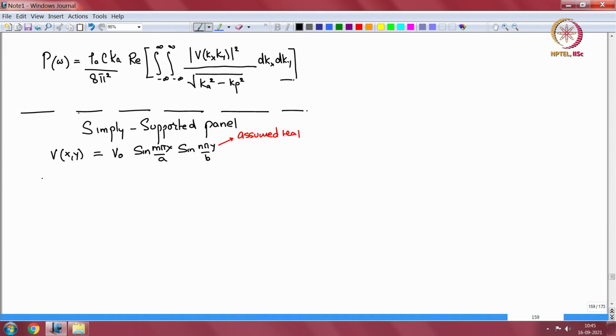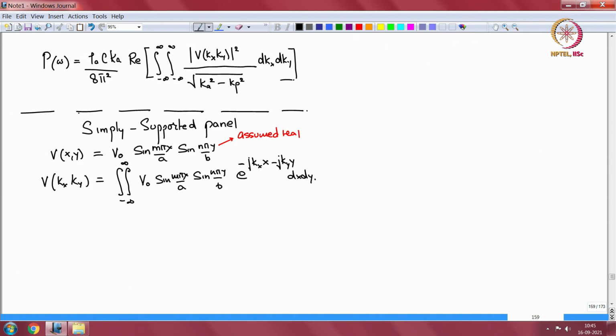Then the transform is given by the integral, I will shorten my notation a little, from minus infinity to infinity of V0 sine m pi x by a, sine n pi y by b, e to the power of minus j kx x minus j ky y, dx dy.